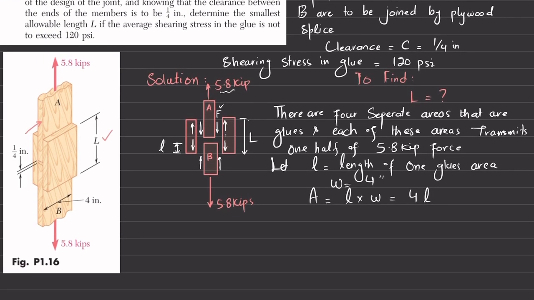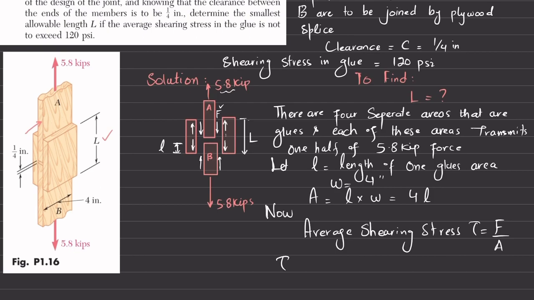Now average shearing stress tau is equal to shearing force per unit shearing area. So this is the shearing force F and per unit area.